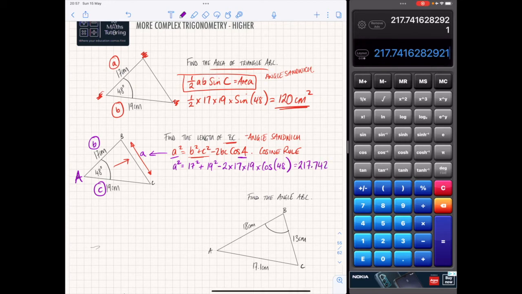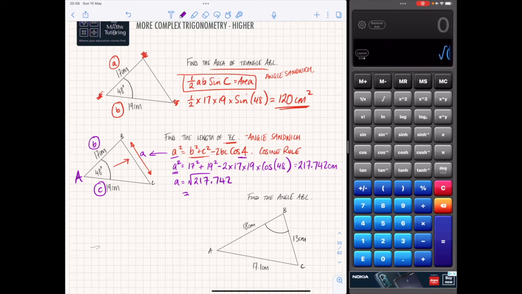I'm going to round that to. And then, because that's a squared, you then have to find a by square rooting your 217.742. So do not forget to square root as your final step.